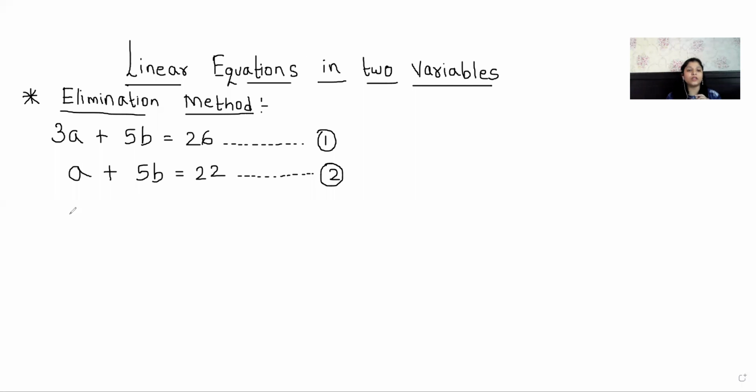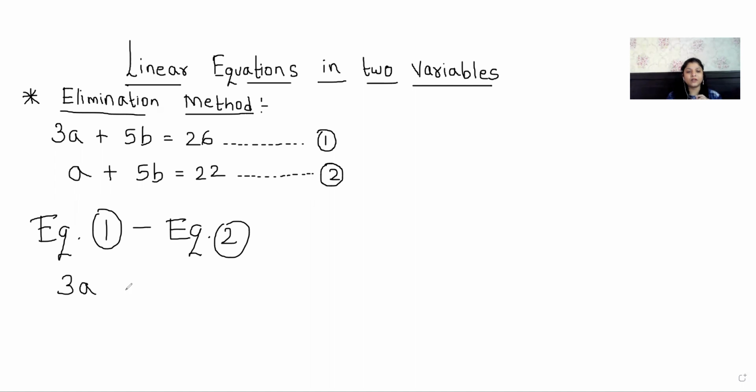So we will be doing equation 1 minus equation 2. Let's subtract. 3a plus 5b is equal to 26, equation 1. Next, a plus 5b equal to 22. Now, when we subtract, students, whichever equation you are writing in the second place, you are going to change the sign of each term.